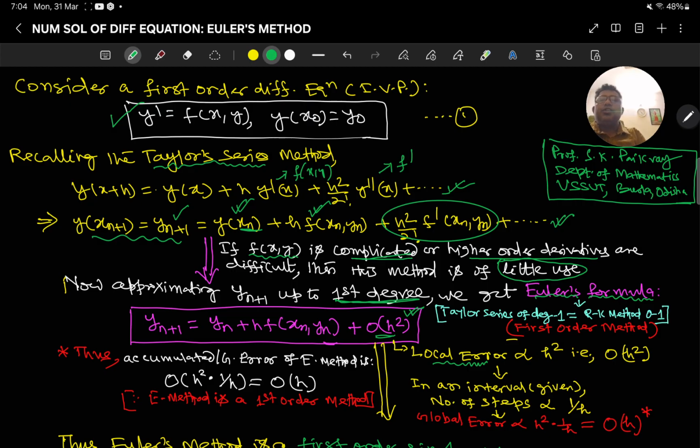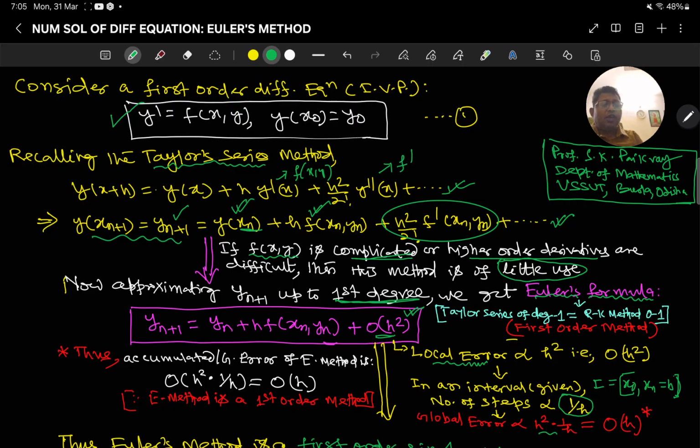However, we discuss the solution in an interval, say I = [x0, xn], where xn is some point b. In an interval, the number of steps is proportional to 1/h. So what will be the total error, or global error, or accumulated error?